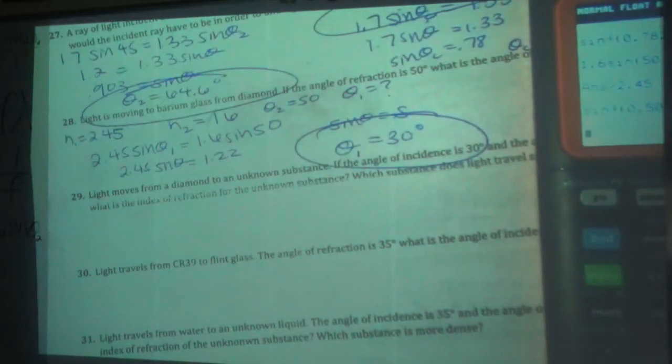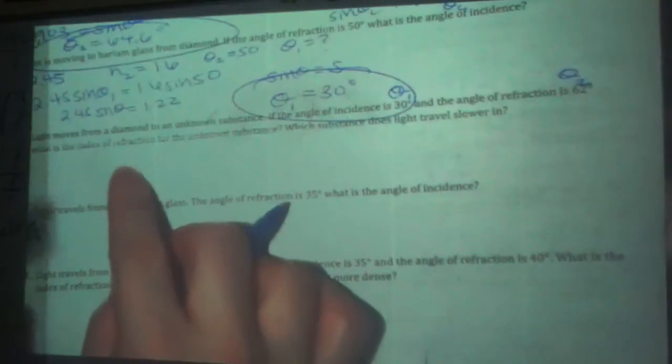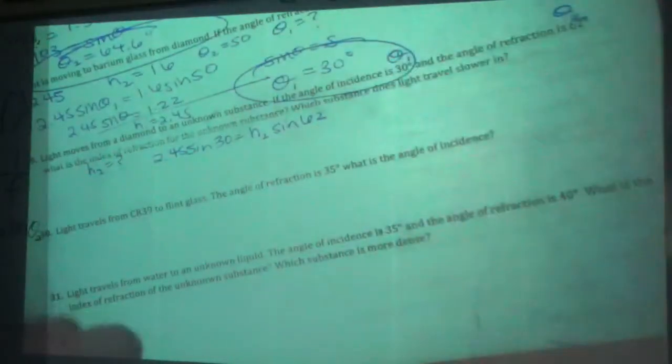Light moves from a diamond to an unknown substance. If the angle of incidence, angle 1, is 30, and the angle of refraction, angle 2, is 62, what is the index of refraction for the unknown? So I'm looking for N2 because N1 is just diamond, 2.45. Alright, so 2.45 sine of angle 1, which is 30, equals N2 sine of 62. 2.45 sine of 30, put that in your calculator.